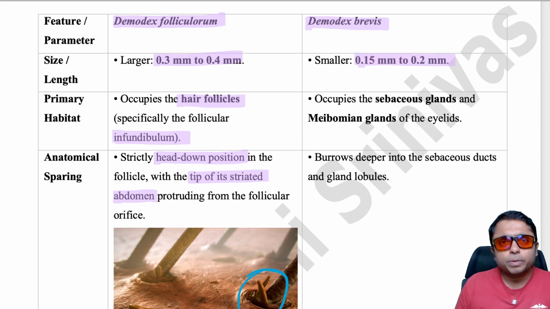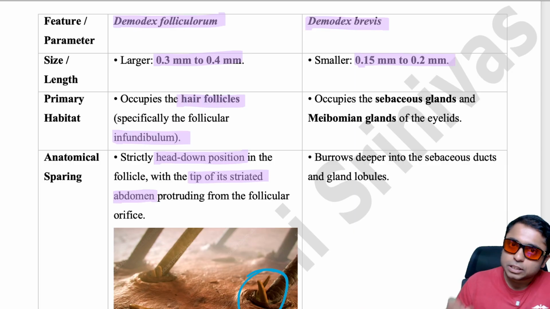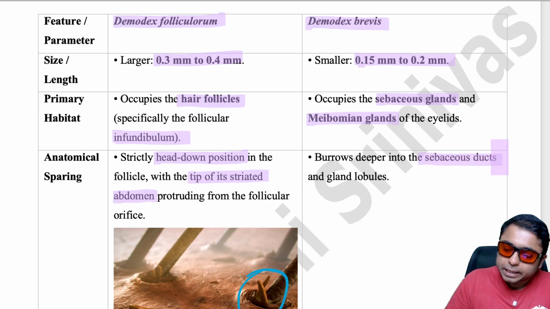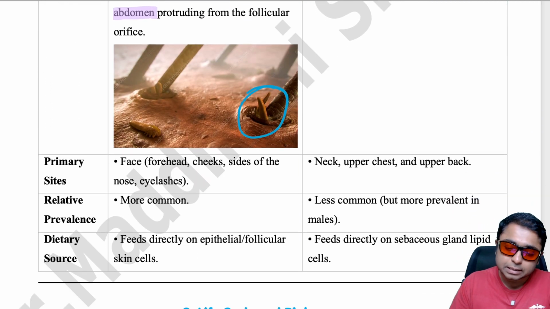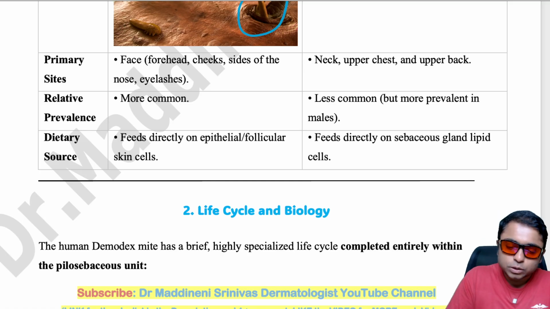So in anatomy, anything related to brevis is short. So Demodex brevis is short, and it occupies the sebaceous glands and also the meibomian glands of the eyelids, and it burrows deep and is present in the sebaceous duct. It eats the sebaceous sebum. Coming to the site, folliculorum is present primarily over the face, whereas brevis is present over the chest and upper back.